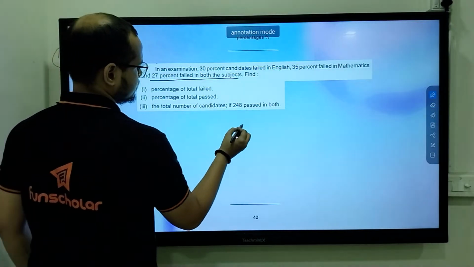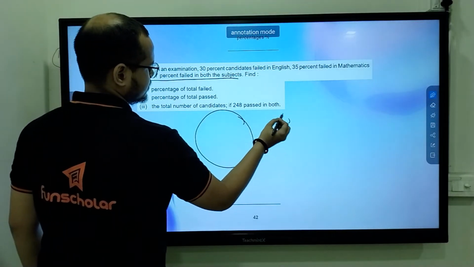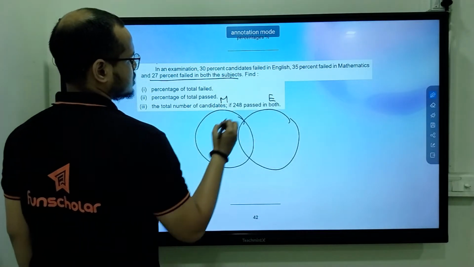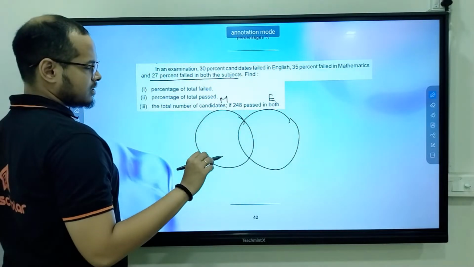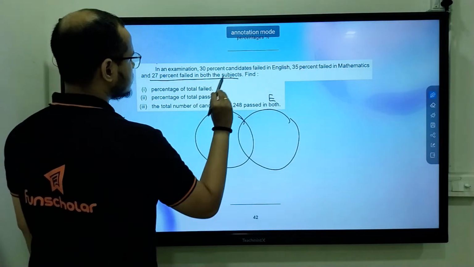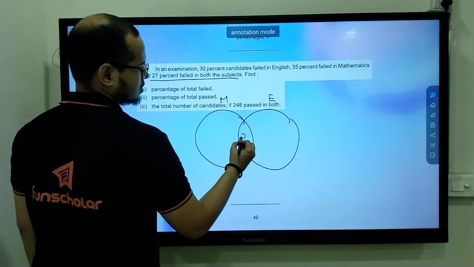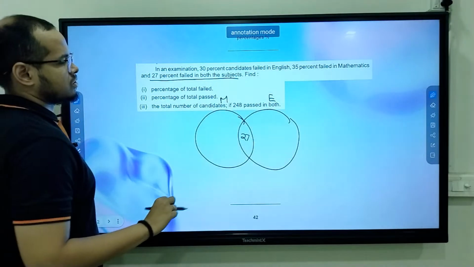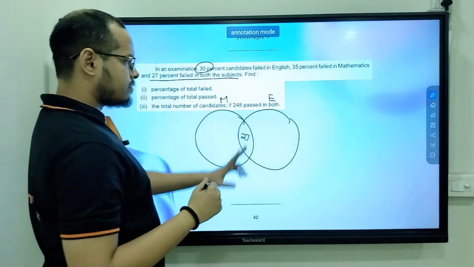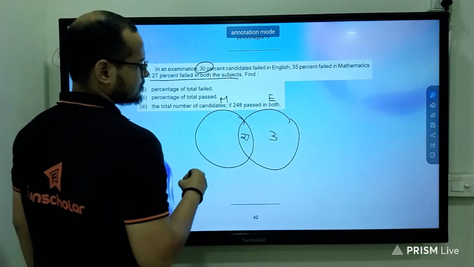See, I'm taking this for maths and this for English, and I'm writing all the fail portions. 27% failed in both. In English, 30% people failed; if 27% already failed in both, the remaining 3% failed only in English.